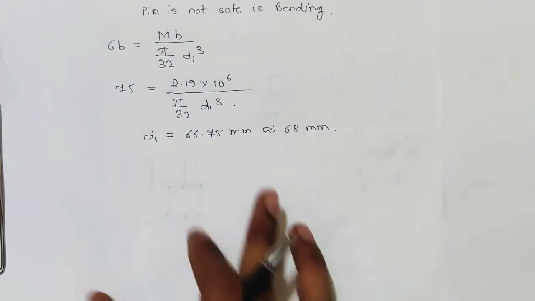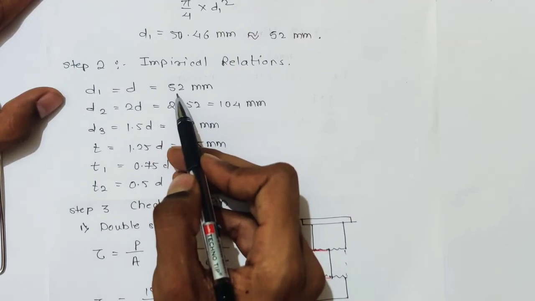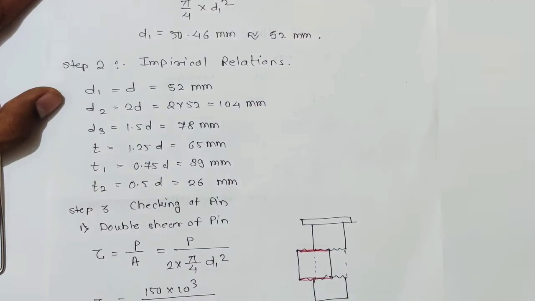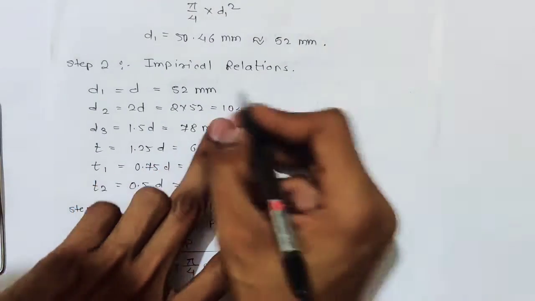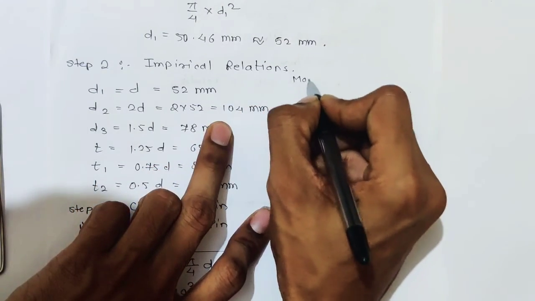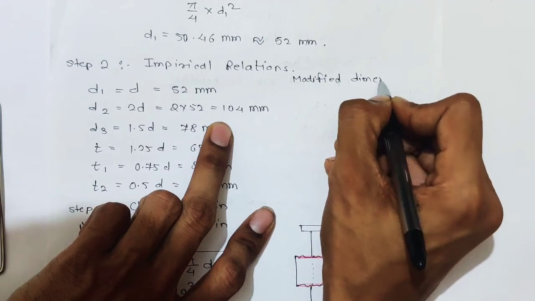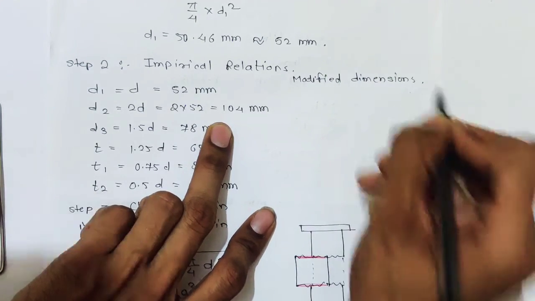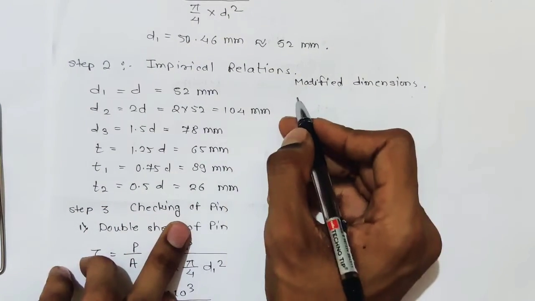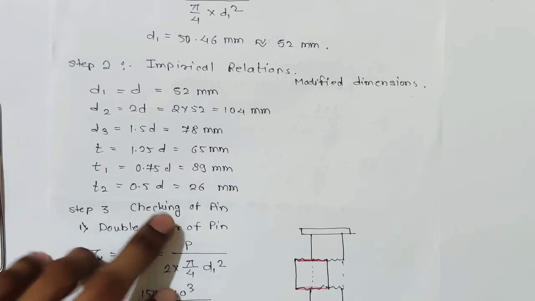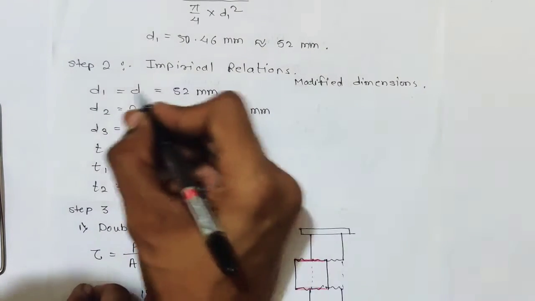In empirical relations, d1 is equal to 52 mm, but it is changed. How much is it changed? It is changed to 68. So now I'm just writing here modified dimensions. First thing we have to change is d1.